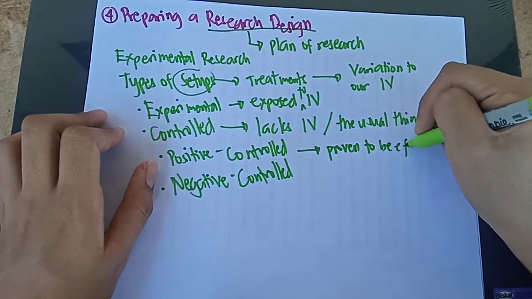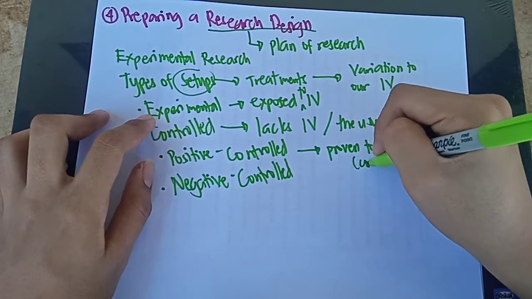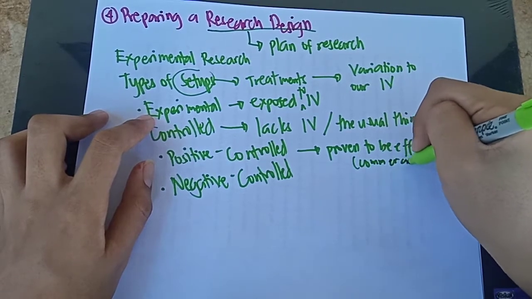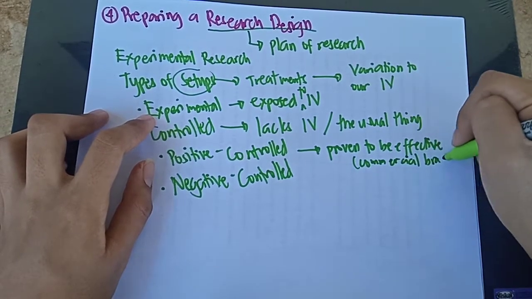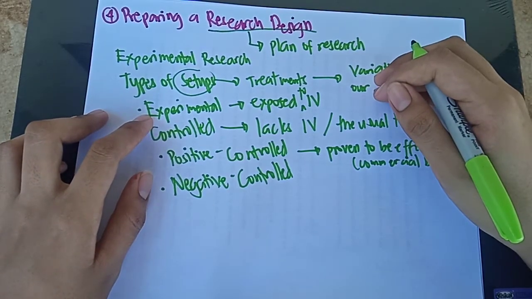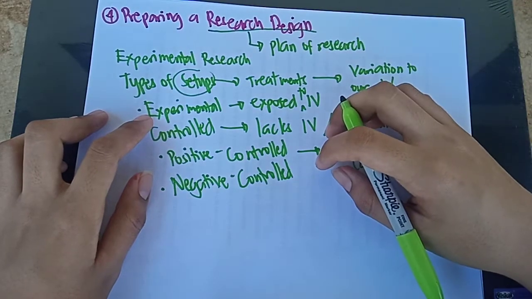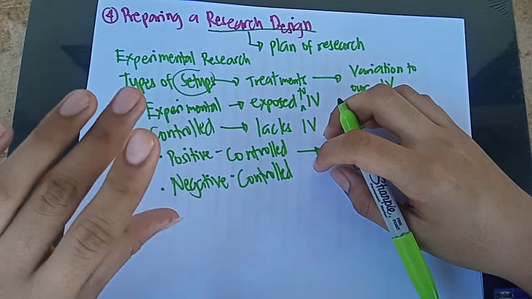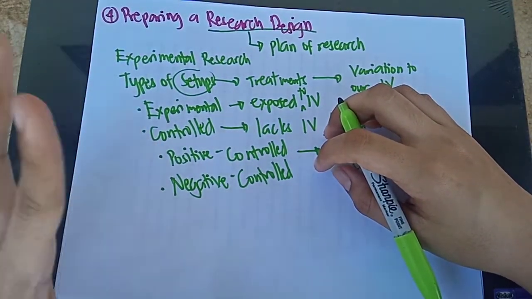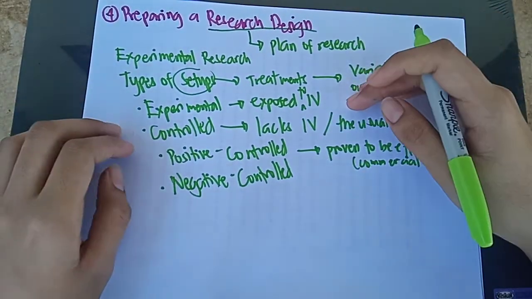So, this is the commercial brand that we are talking about. So let's say an effective commercial brand in killing Salmonella typhi are the medicines. Or let's say if the Salmonella typhi exists in the environment, we have the anti-disinfectants like Lysol, Glade. So these are the positive control.